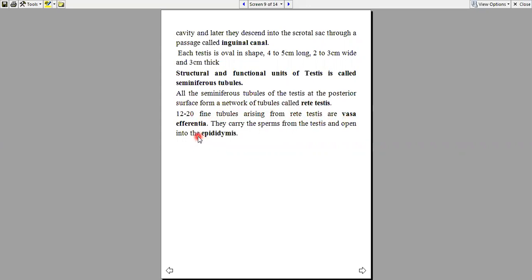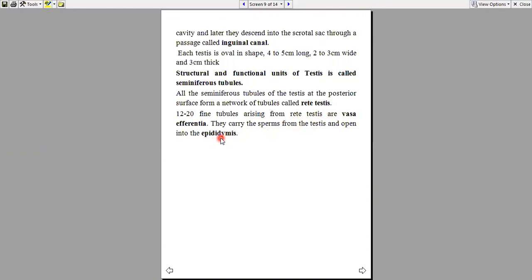Now these vasa efferentia carry the sperms. As we all know, testes are the male reproductive organs and they produce sperms, which are the male gametes. So from testes, the sperms are first carried by vasa efferentia, which are the tubes coming out of rete testis. They carry the sperms from the testes, and they open here in epididymis.